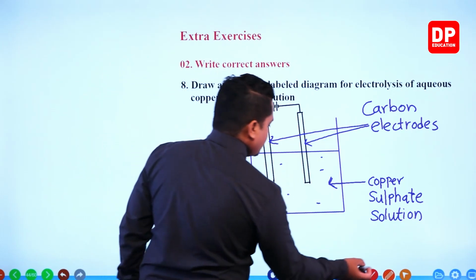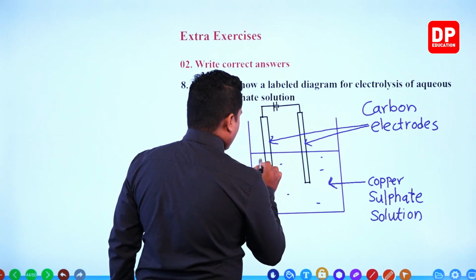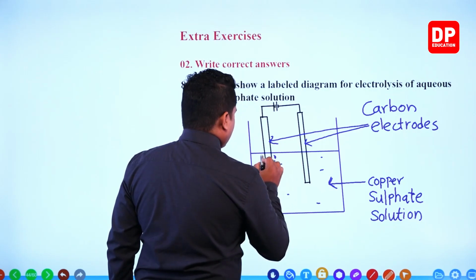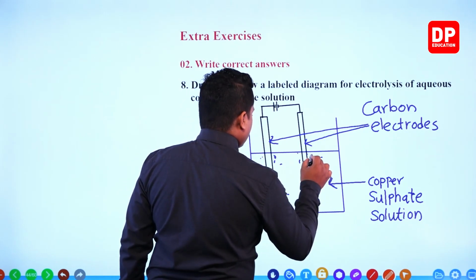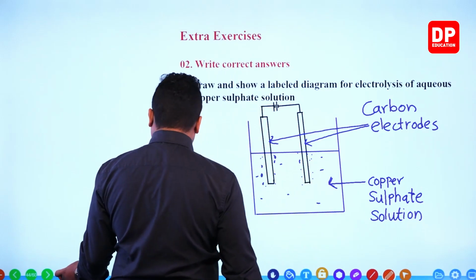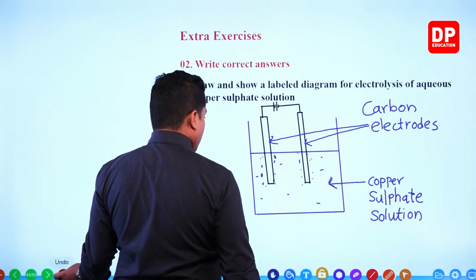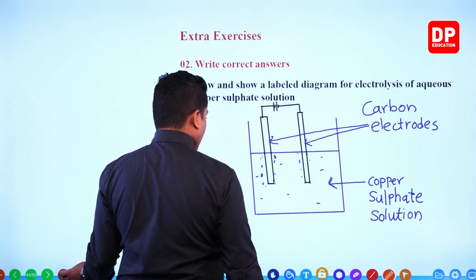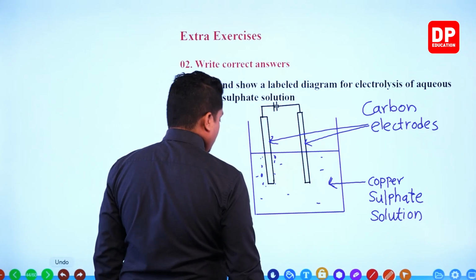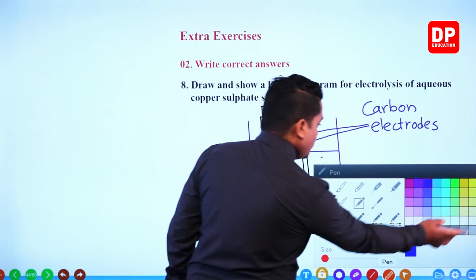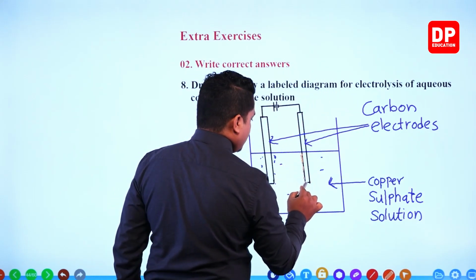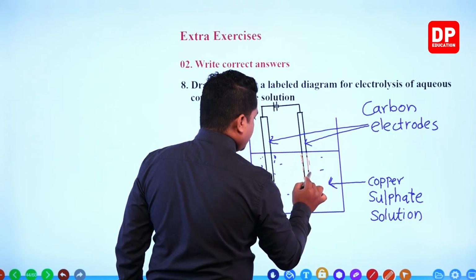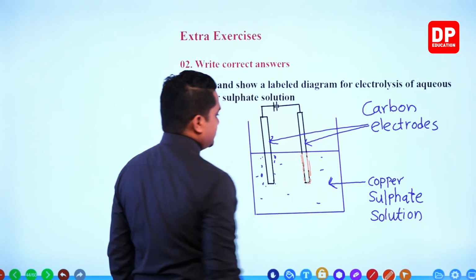So here we can observe air bubbles coming out like this from both the terminals. Right. Here at the negative terminal, you won't be able to observe air bubbles, but however, you will be able to observe a brownish color copper like this.